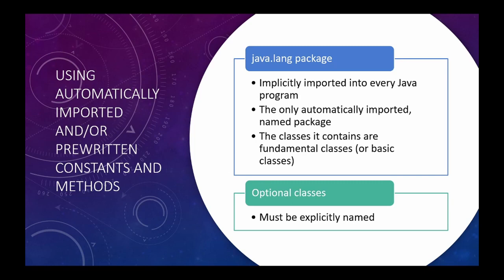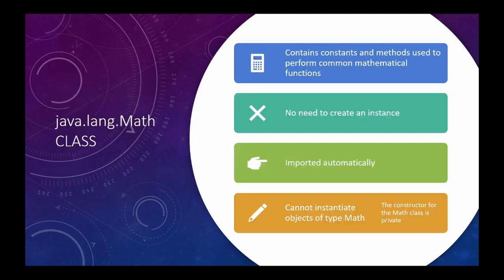The optional classes must be explicitly named. One example that we've used is the JOptionPane, where we had to import javax.swing at the top. You explicitly have to tell the program to go ahead and load that package that you're getting ready to use those classes.